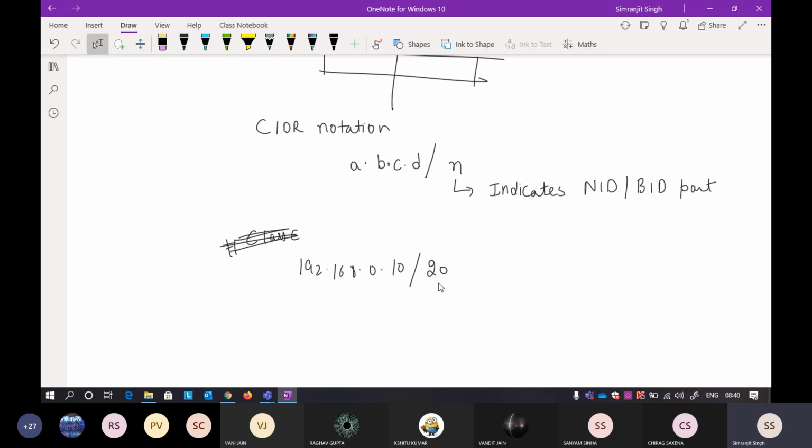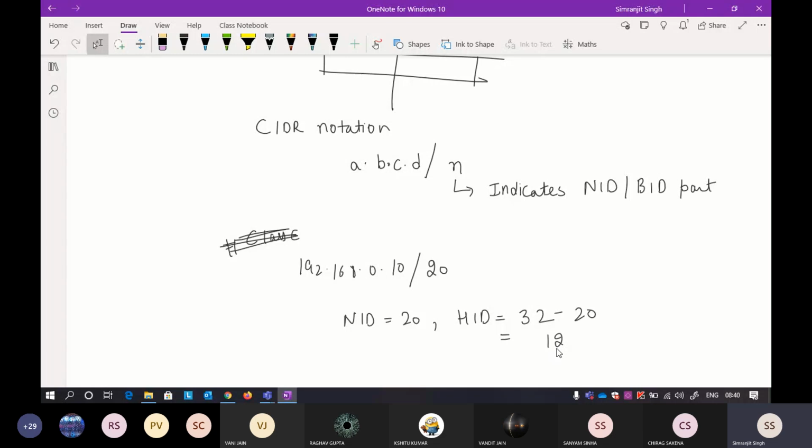Now /20 means that the network ID part has 20 bits. The host ID part will contain how many bits? The total address space is 32 bits and the network ID takes 20 bits, so the remaining part is 12. It means the host ID part is 12 bits.